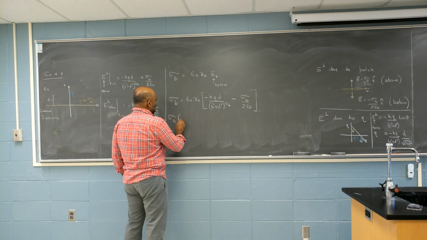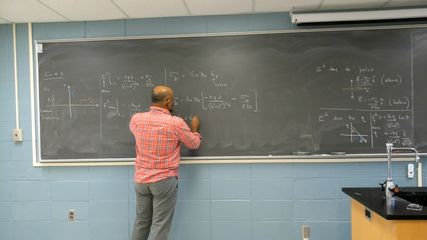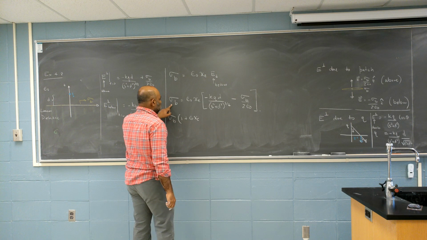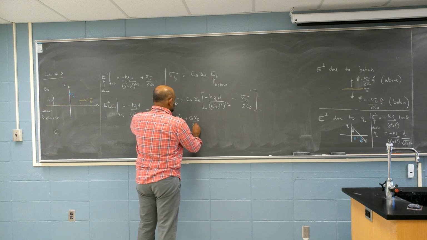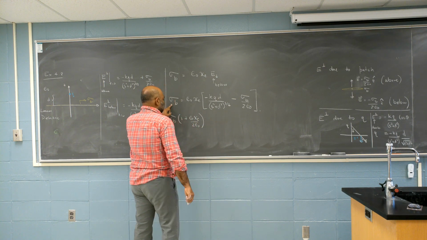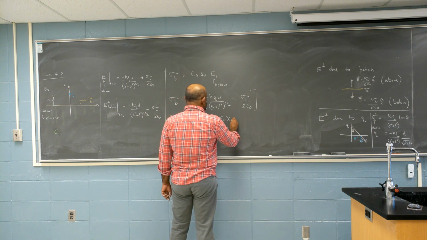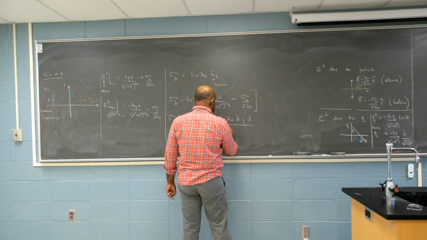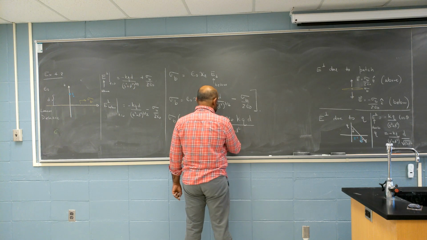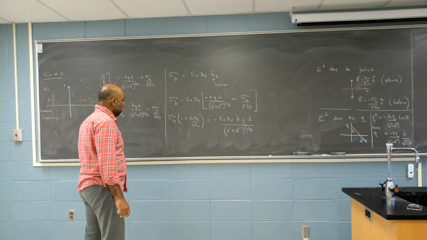Sigma bound, I have 1 plus epsilon naught chi E over 2 epsilon naught equals minus epsilon naught chi E, k q d over s squared plus d squared to the 3/2.